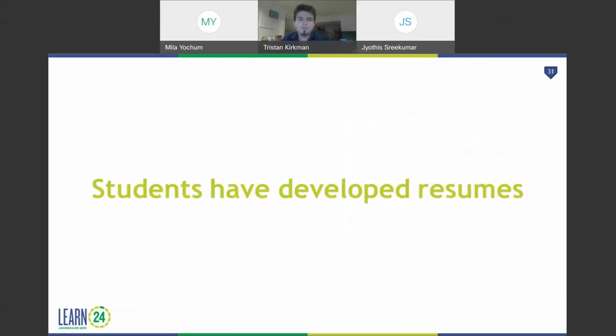So think about this statement: students have developed resumes. Is this statement more likely to be an output or an outcome?